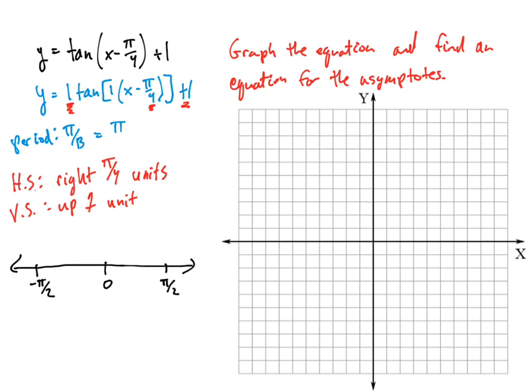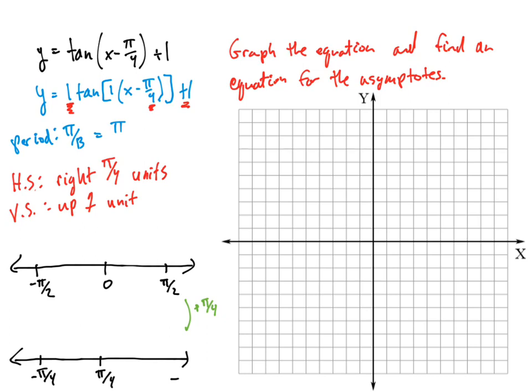And then because we're shifting to the right pi over 4 units, we're going to add pi over 4 to each of those values. So what we end up with is, well, 0 plus pi over 4 is pi over 4. Negative pi over 2 is the same thing as negative 2 pi over 4. So negative 2 pi over 4 plus pi over 4 is negative pi over 4.